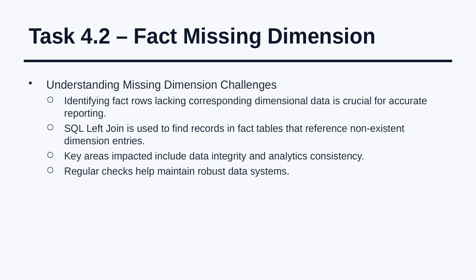Missing dimension data affects both the integrity of your dataset and the reliability of any insights drawn from it. By regularly performing these checks, you can catch these mismatches early and keep your data system strong and trustworthy. Next, we'll take a closer look at how to handle these missing dimensions effectively to maintain clean and consistent data flows.